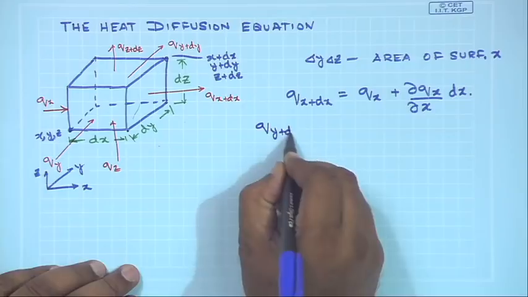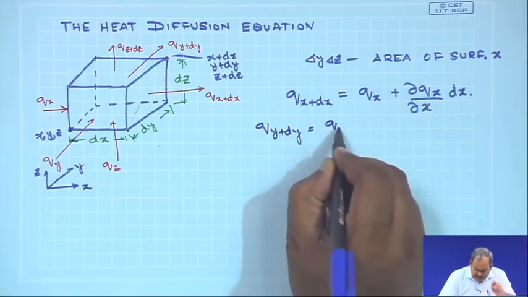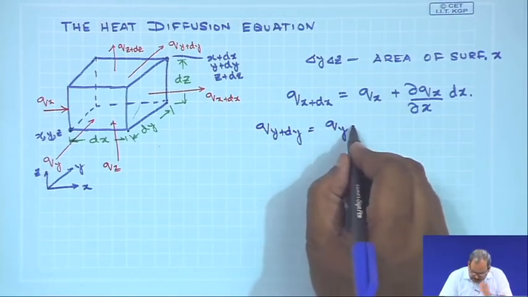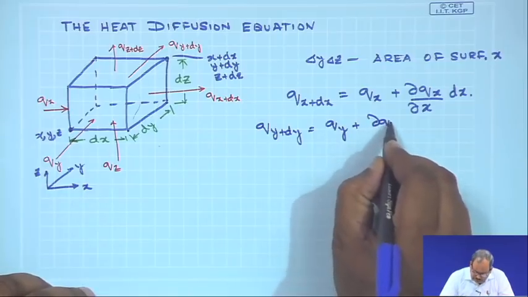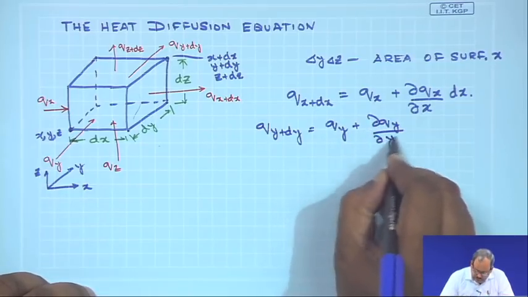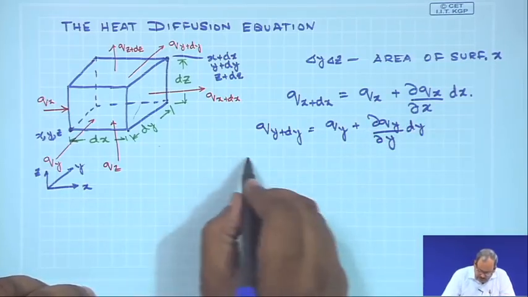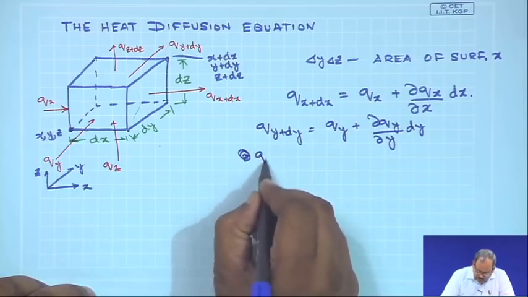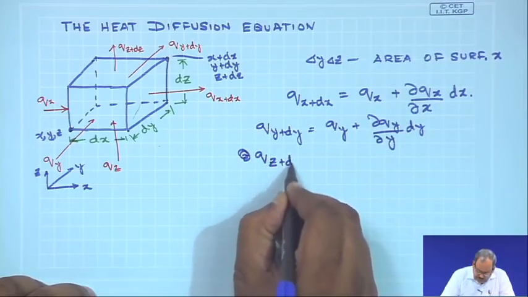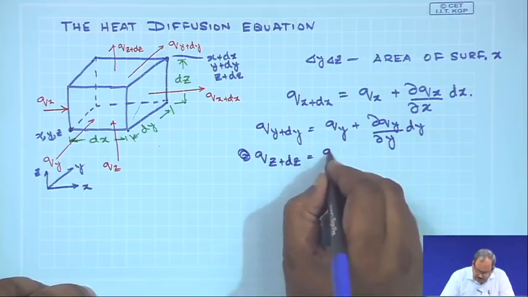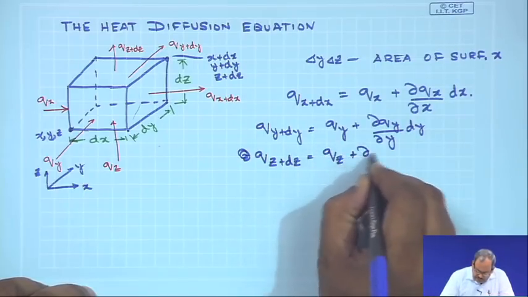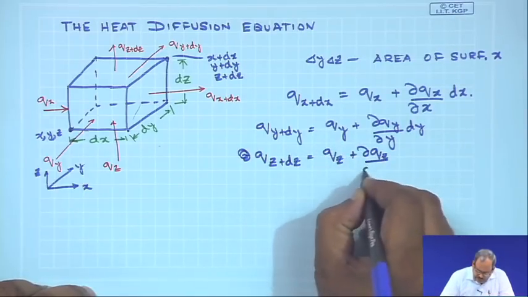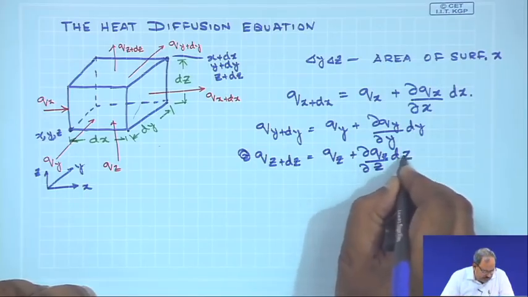So, let me write that and then I am going to write the conservation equation. Your qy plus dy would simply be written, using the Taylor series expansion, as qy plus del qy del y times dy, and qz plus dz would be equal to qz plus del qz del z times dz.